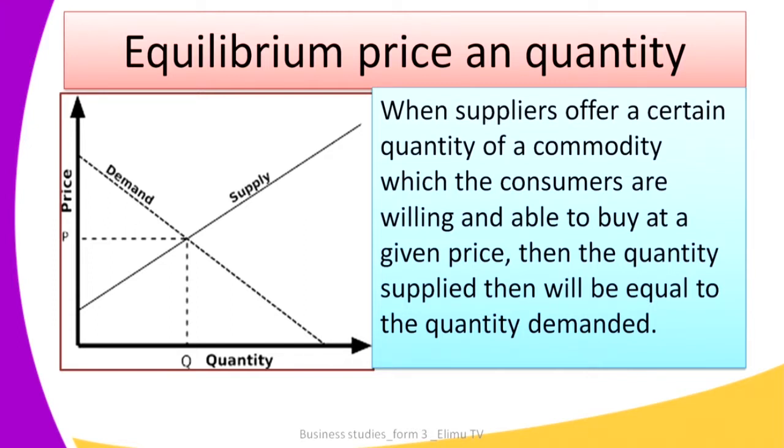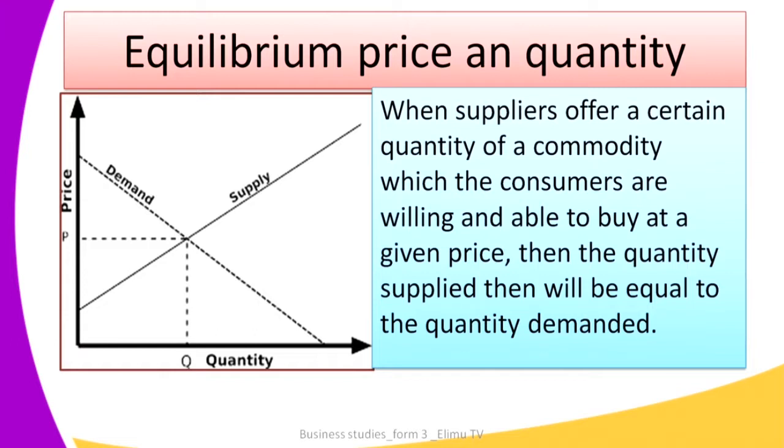So when suppliers offer a certain quantity of a commodity which the consumers are willing and able to buy at a given price, the quantity supplied will be equal to the quantity demanded.